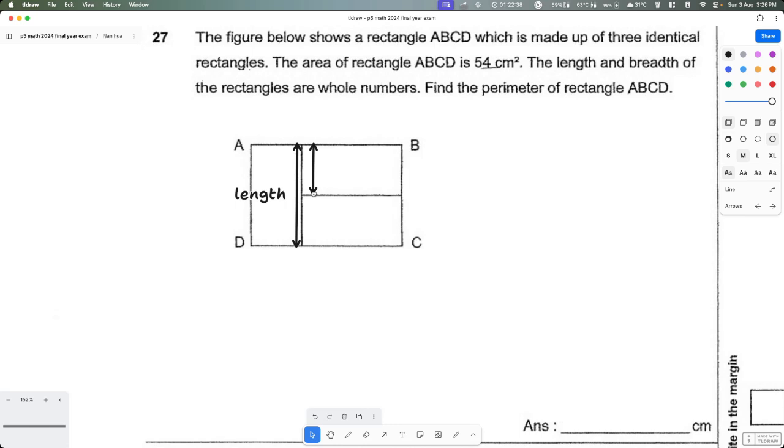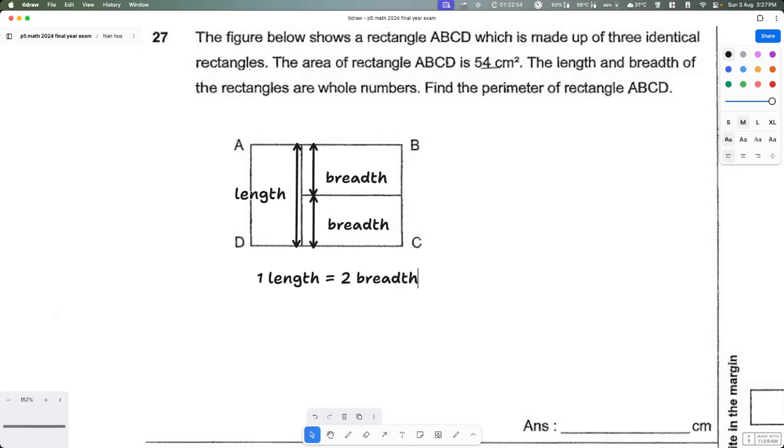We have one here and one here, and that's the length. This is the breadth, so we have 2 breadths over here. So what does this mean? It means that one length is equal to 2 breadths. So let one breadth be 1 unit.